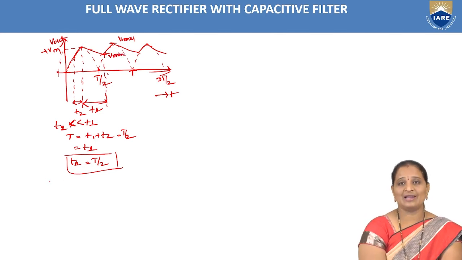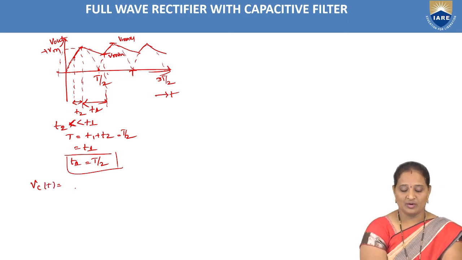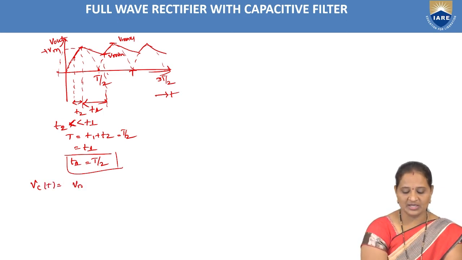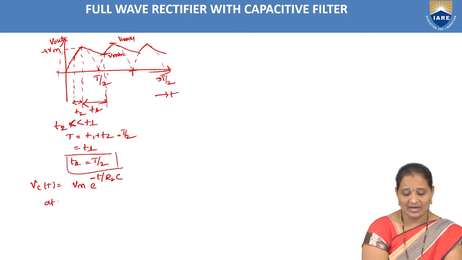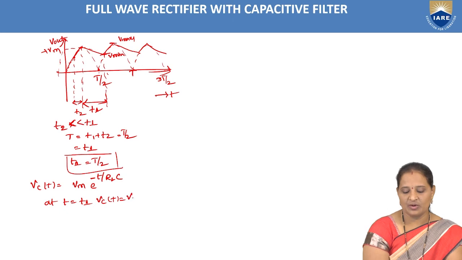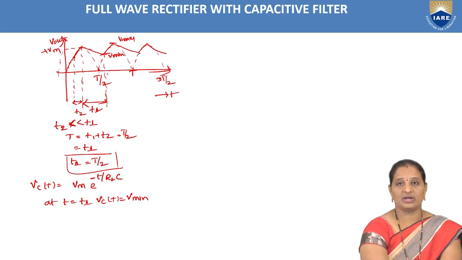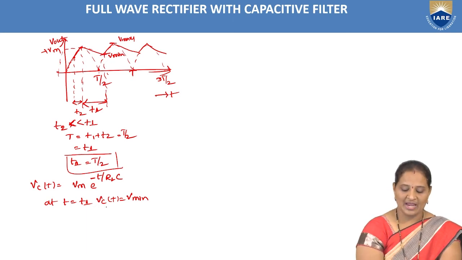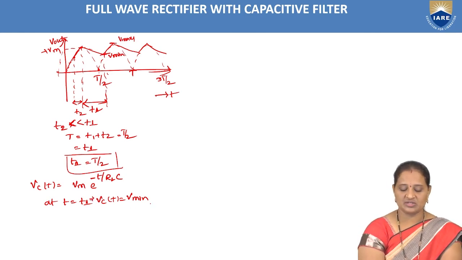To calculate the minimum value, I consider the voltage across the capacitor during the discharge time period, which is given by e power minus t by RL into C. At time t equal to T1, the capacitor has discharged to its minimum value, so Vc of t is equal to V minimum.